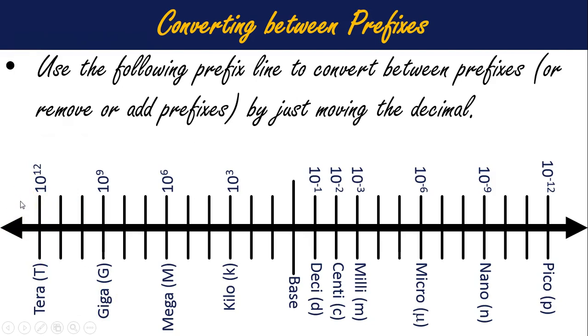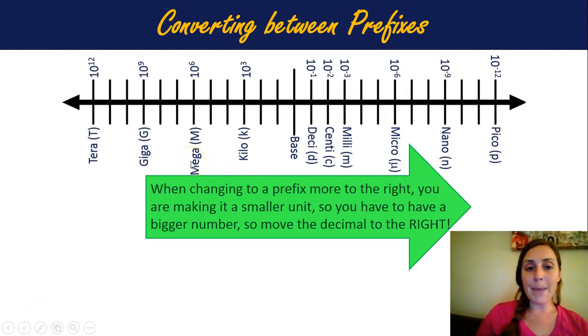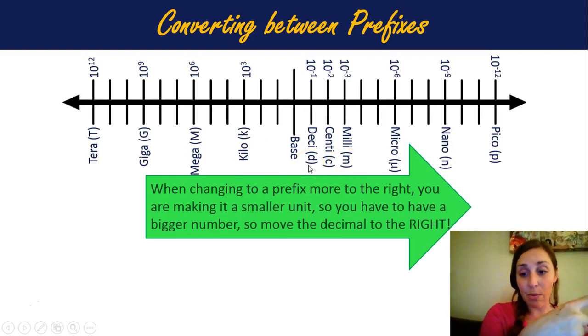We're going to use this number line to convert between prefixes, or remove or add prefixes, just by moving the decimal based on this number line. So here's that number line again, and here are your rules. If you are changing a prefix to go more to the right, so say you're going from mega to kilo, or mega to no unit, or mega to deci, mega to centi, anywhere that goes that way, then you're making your measurement into something with a smaller unit.